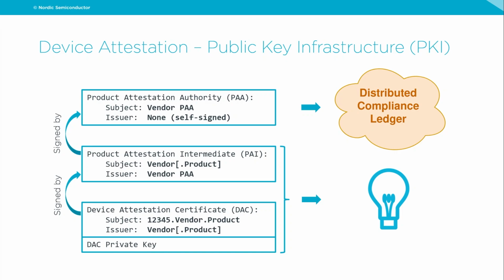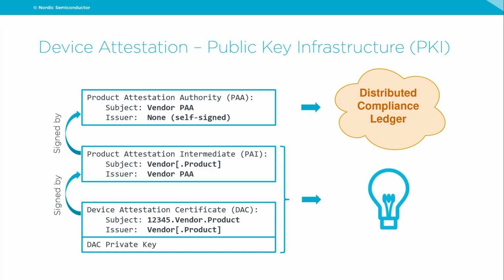Each Matter device needs to be configured in the factory with a DAC and corresponding private key, as well as the PAI certificate. It is very important to keep private keys secure, whether on the device itself, in the case of the DAC's private key, or on the specialized hardware security modules for the PAI or PAA private keys.